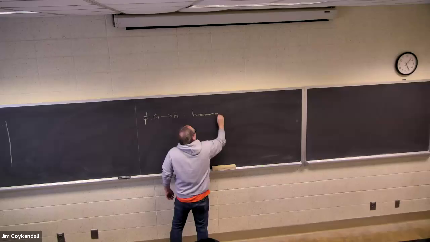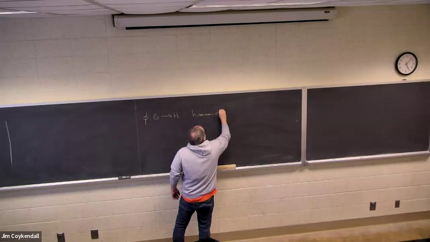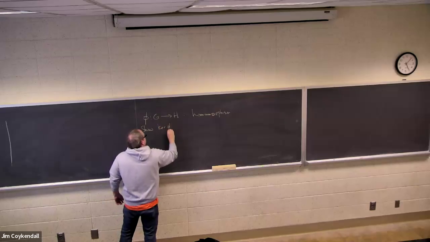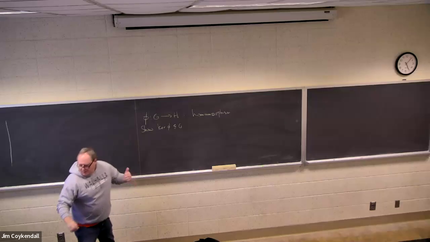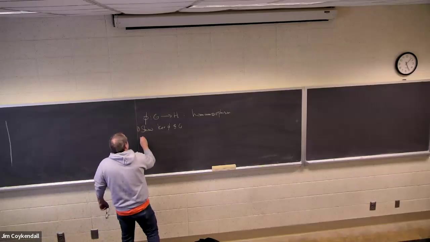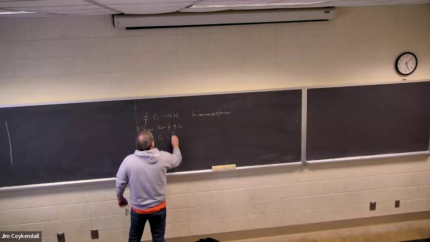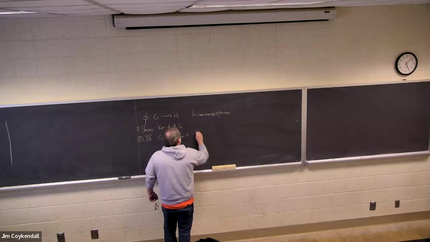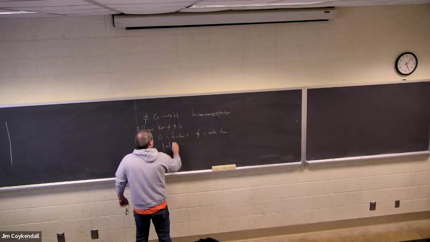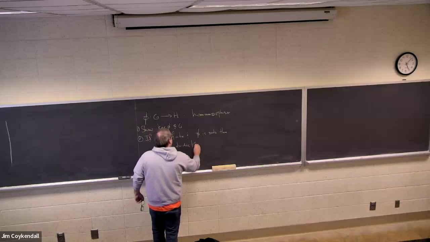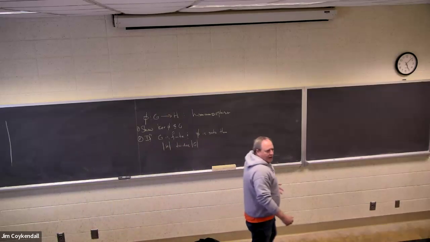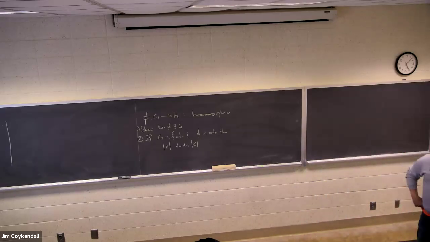Show the kernel of phi is normal in G, and show if G is finite and phi is onto, then the order of H divides the order of G. Okay. First things first, show the kernel of phi is normal in G.